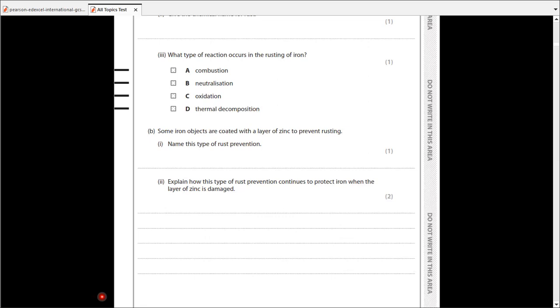And the third point is that zinc would react with all the oxygen and the water vapors surrounding the iron. Even when the layer is damaged, zinc would keep on rusting and iron would be saved. So iron would not rust. Writing all 3 is a better idea than writing just 2.